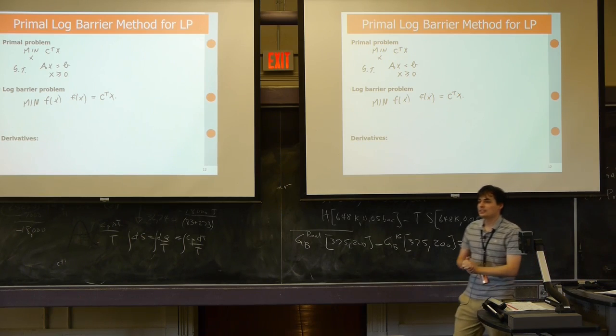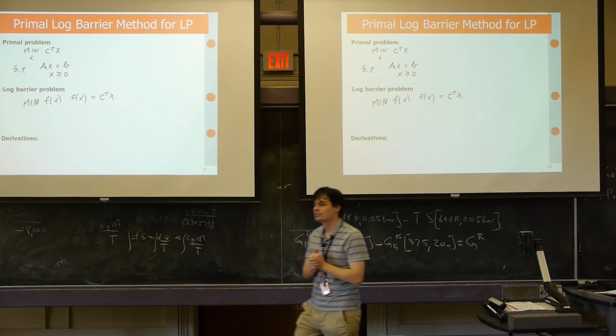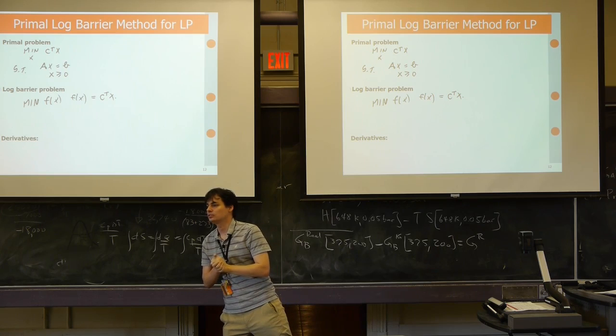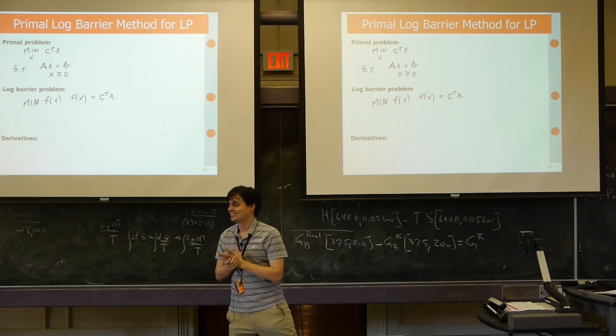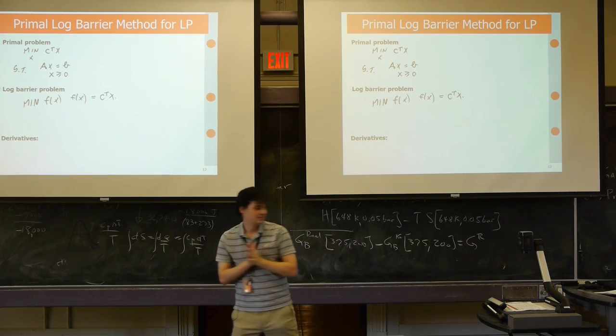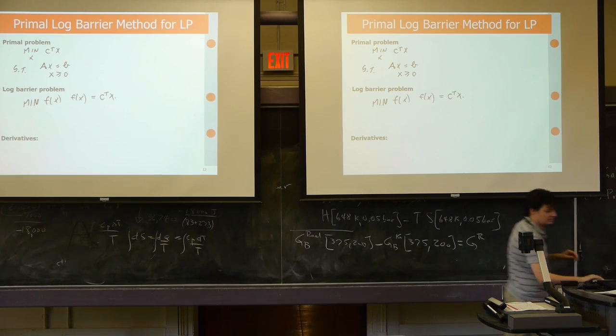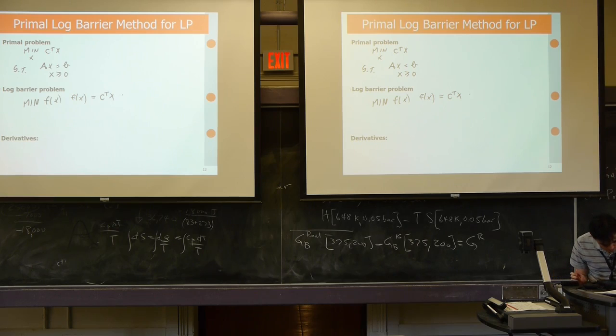So you are hesitating. Why? Is it too easy or too difficult? Okay, I continue. Minus mu sum. So we have two constraints, right? x is non-negative and Ax equals b.